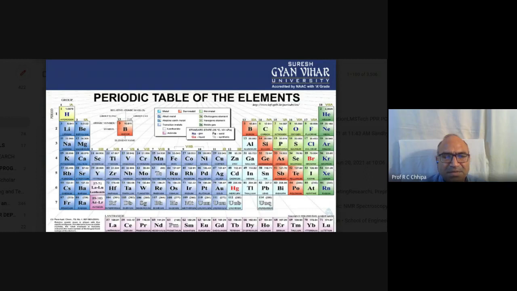Earlier, in the historical development of the periodic table, the groups were in the order of first A, second A, third A, fourth A, fifth A, sixth A, seventh A, and then the B part, and we have the zero group, the inert gases. So this is the whole periodic table.